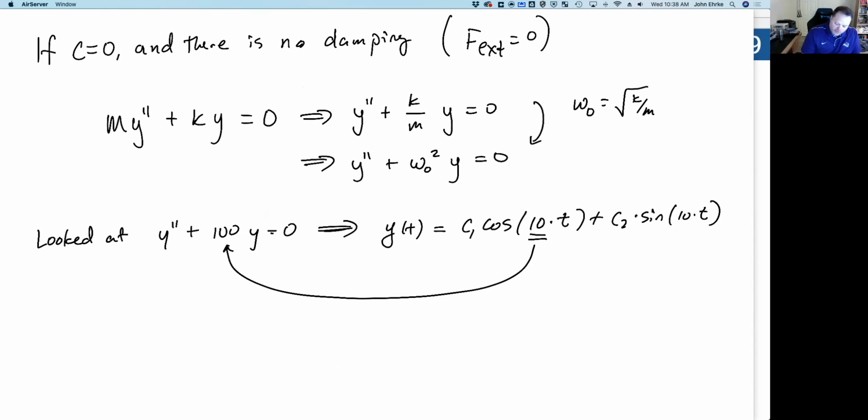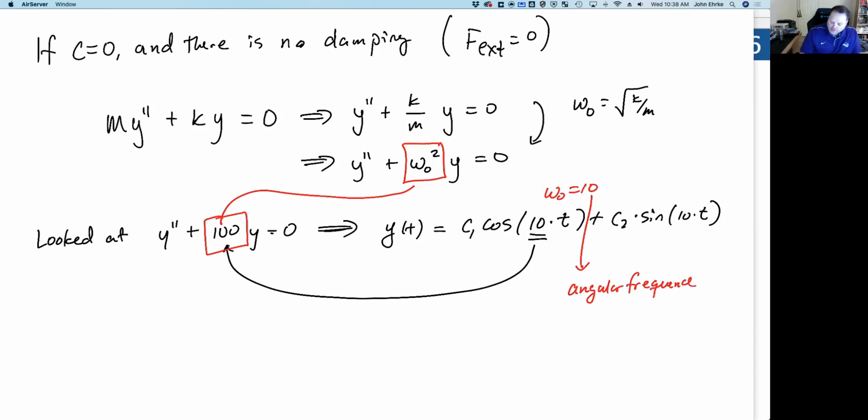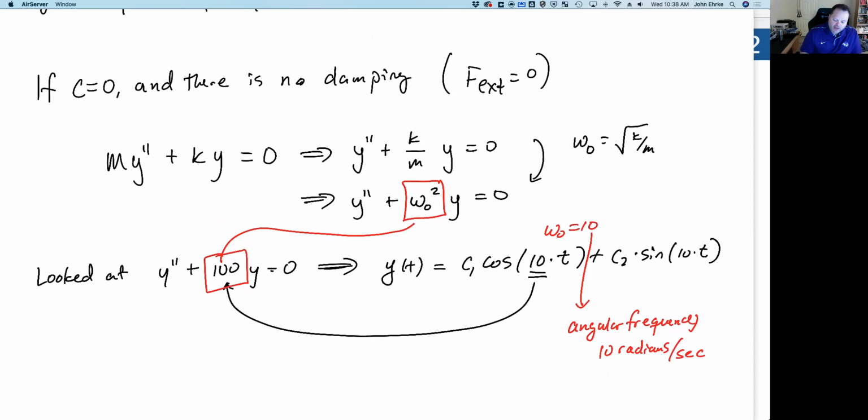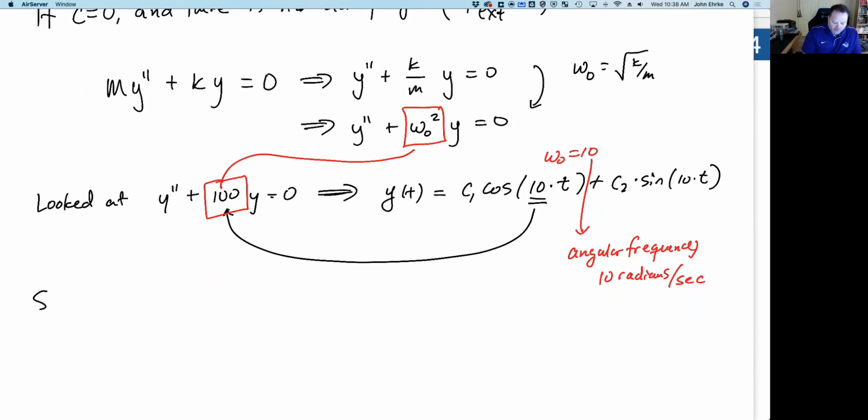So for this problem, omega naught squared is 100, which means omega naught is 10. And we talked about last time that omega naught is what we call the angular frequency. It's measured in radians per second. At least for the example we looked at in class, it was 10 radians per second. And what I mentioned at the end of class was that anytime you have no damping like that particular example, you have what's called simple harmonic motion.